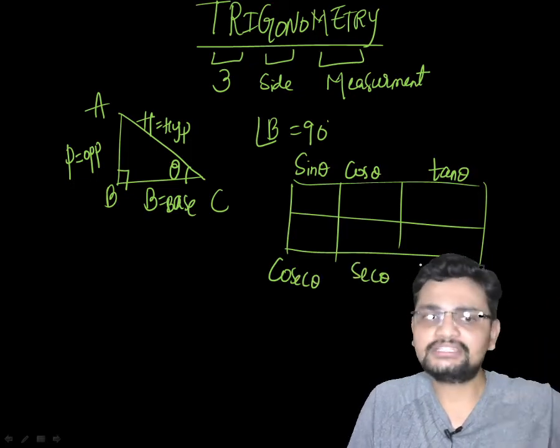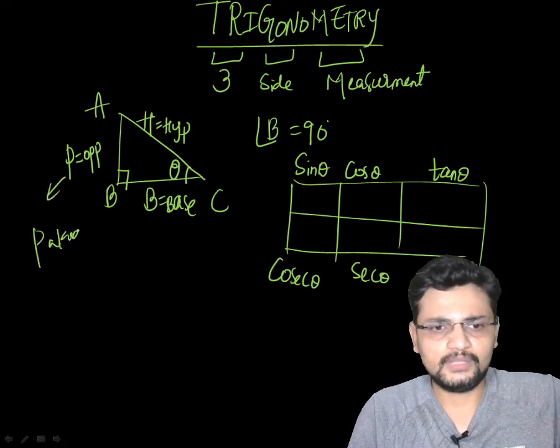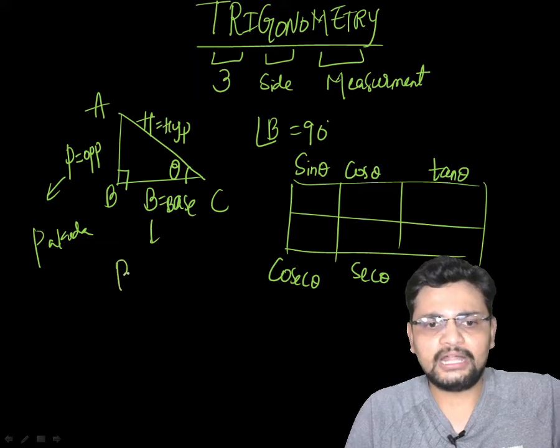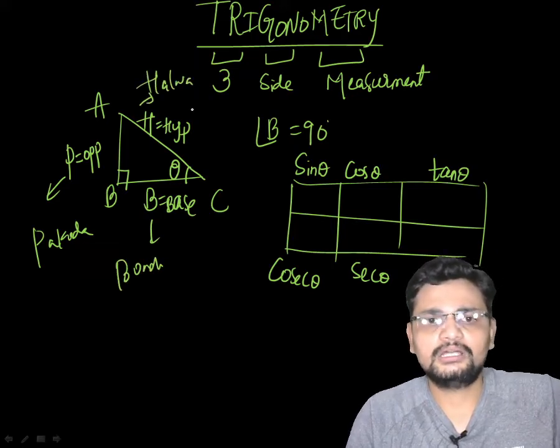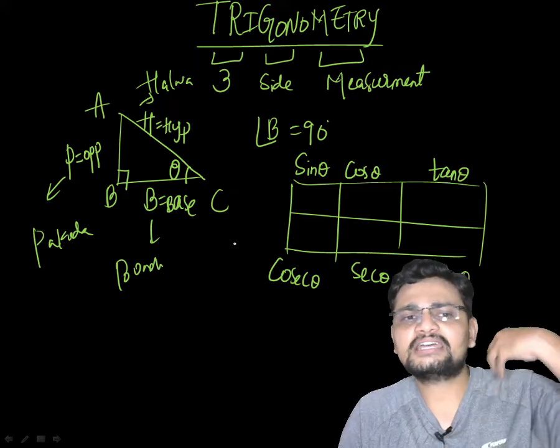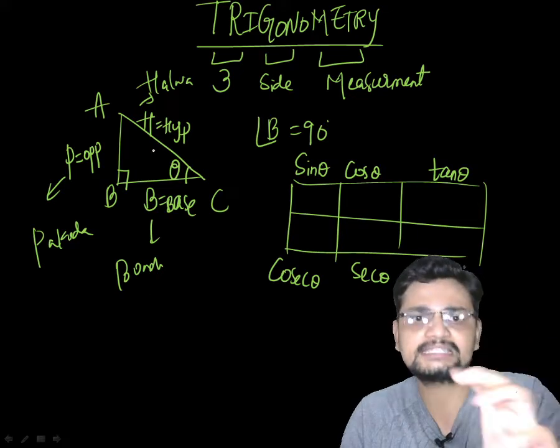Now for our convenience, I can refer to P as Pakoda, B as Bonda and H as Halwa. Now instead of remembering it as perpendicular or opposite, P is Pakoda, B is Bonda, H is Halwa.